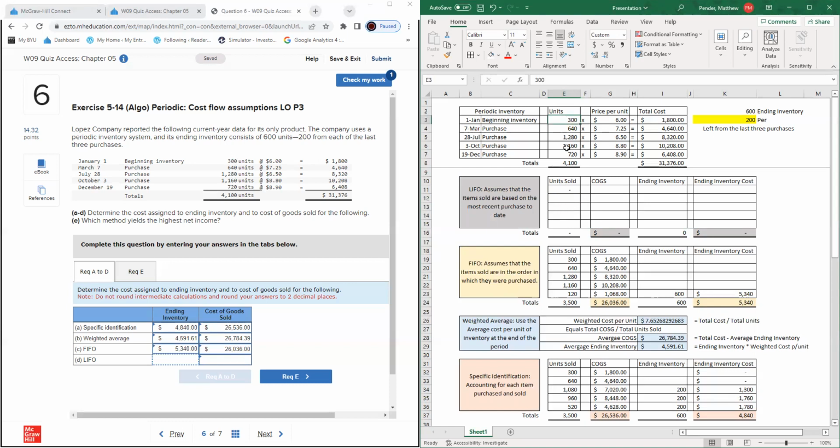I still have all of this starting inventory, sorry, because it's less than 600. So if I purchased 300 but didn't sell any, that 300 will go in my ending inventory result. And then from here, I know I have 300 left over. So if I have 300 left over here, that means I only sold 340. And then this number will equal my remaining inventory.